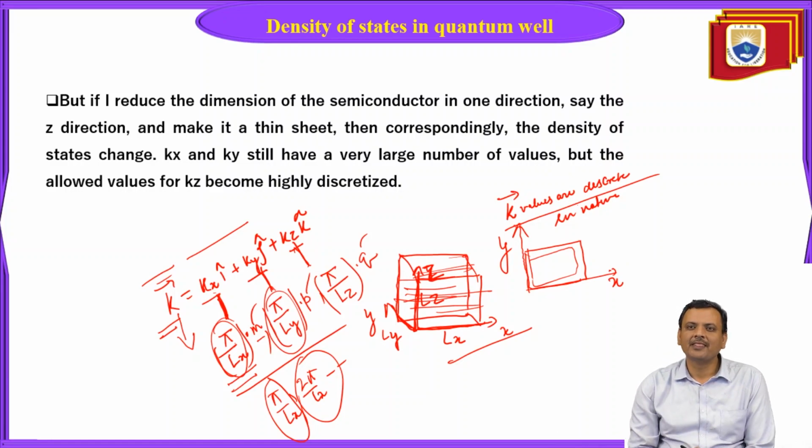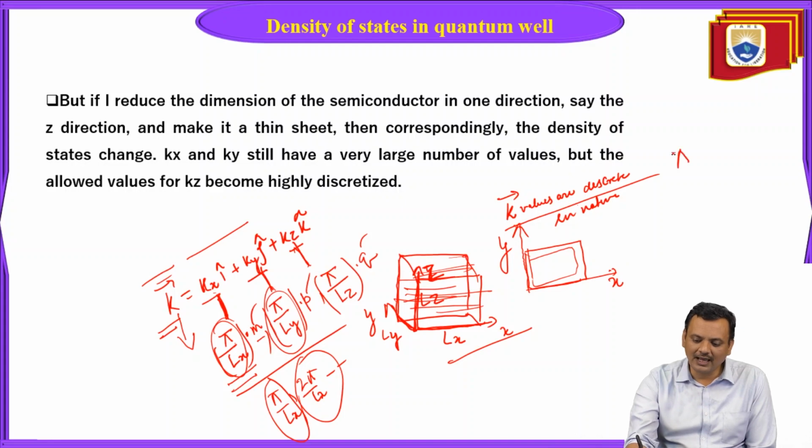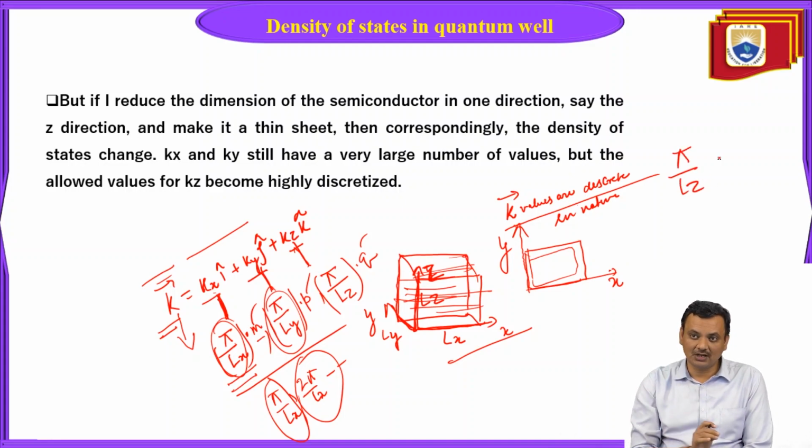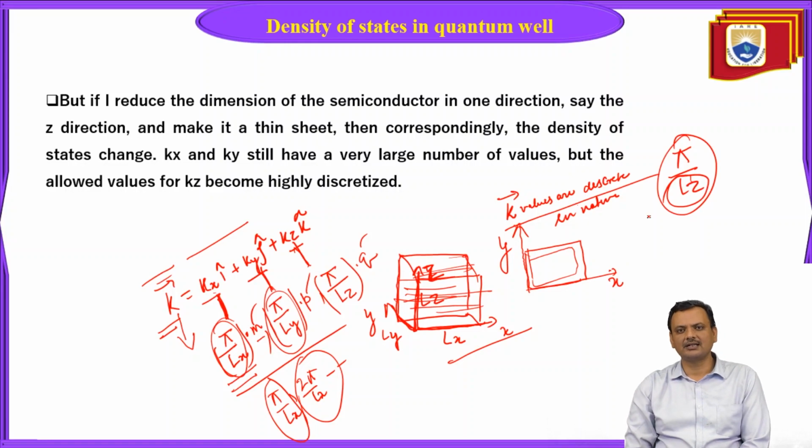Ly is the length of the crystal structure in the y direction. And if you are considering the case of a quantum well structure, this Lz will be infinitesimally small. Lz is not 0, it will be very, very small. So Lz will be small, then the value pi upon Lz will be very, very large.